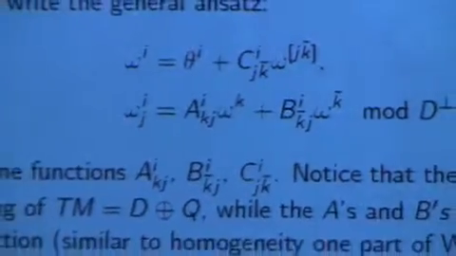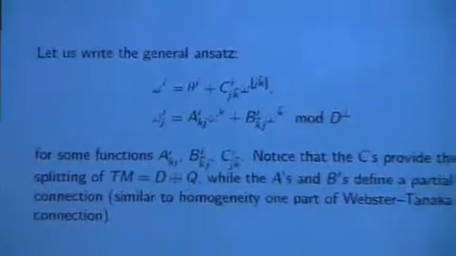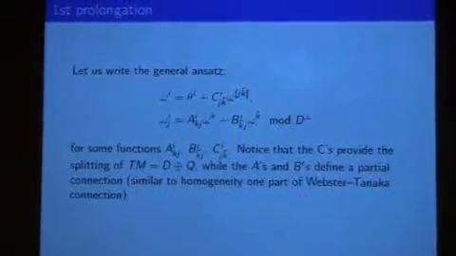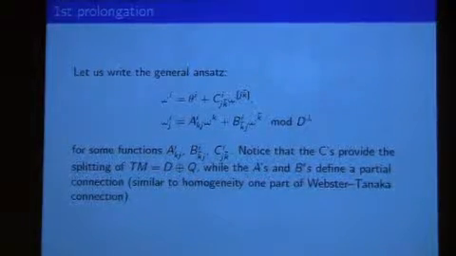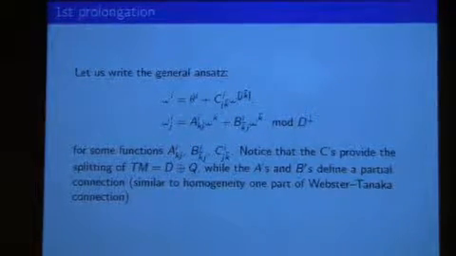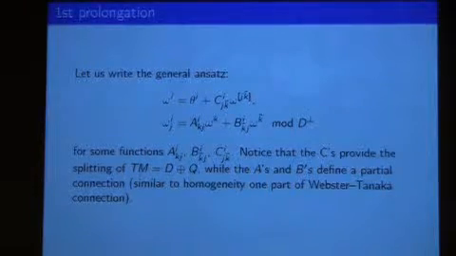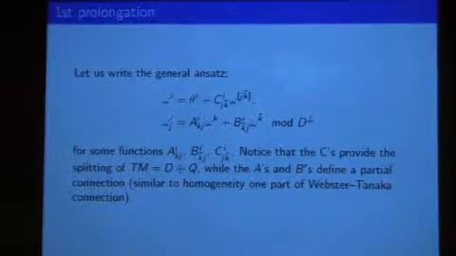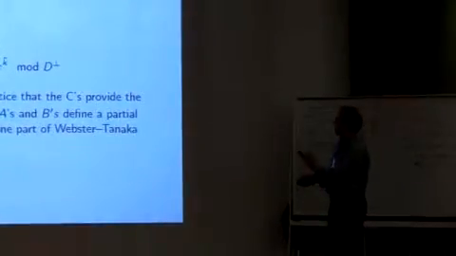Whereas here, the G-not-valued part of the matrix describes the choice of the partial linear connection, similar to the Webster-Tanaka connection, but you will be able to differentiate only in the d direction, so that's the homogeneity one part of the Webster-Tanaka in this high codimensional thing.